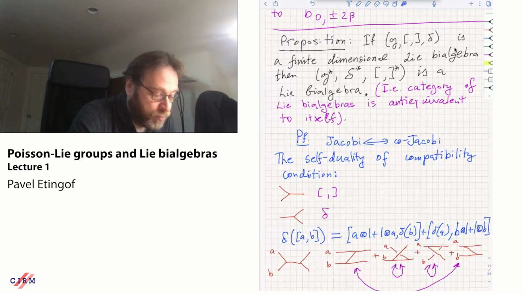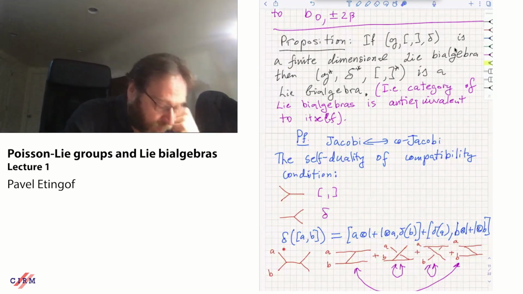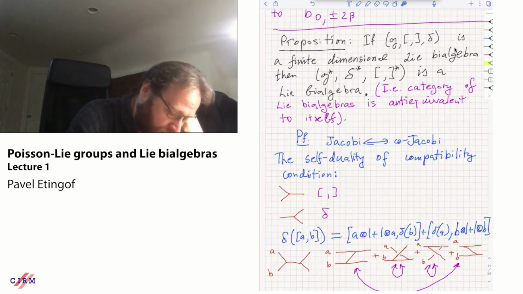So the bracket has 2 inputs and 1 output, and the cobracket has 1 input and 2 outputs. What corresponds to the expression delta of the commutator of A and B? We have 2 inputs A and B, and first you take their bracket, which is the first part of this picture. Then we take the cobracket of what you get, which is the second part. So it corresponds to this picture here.